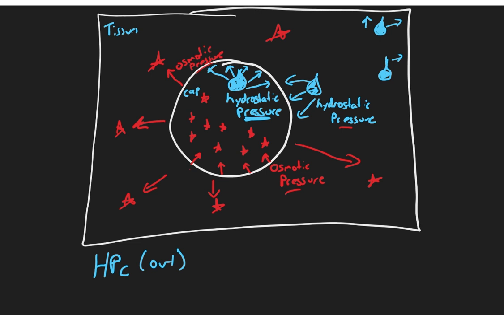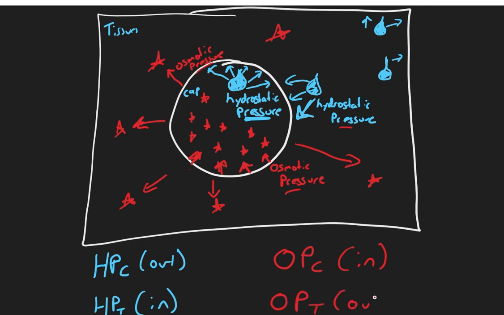We have a hydrostatic pressure of the tissues, and that is inward. If we think about the capillary itself, it's pushing into the capillary. Then we have an osmotic pressure of the capillary, and that is an inward pressure. And we have an osmotic pressure of the tissues, and that is pulling it out of the capillary. So that's an outward pressure.